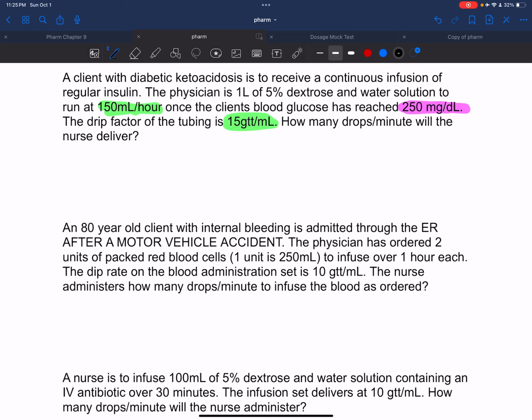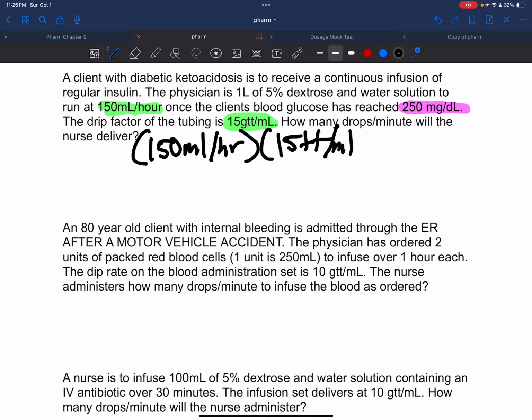So we're going to do 150 milliliters per hour times 15 drops per milliliter over 60 minutes. Okay.